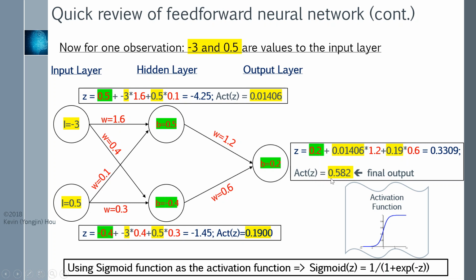With everything here, we'll eventually get the value of 0.582. So we're just using one very simple neural network setup as an example, and we provide 2 sets of inputs to this neural network, and correspondingly, we got different prediction values.